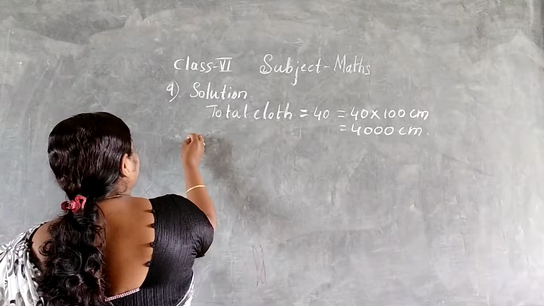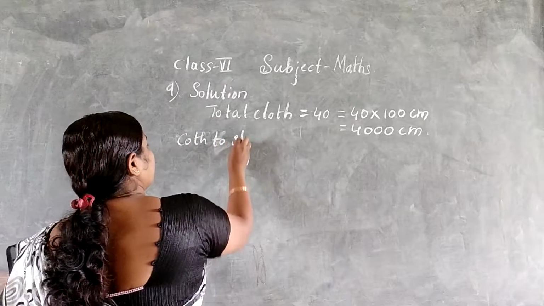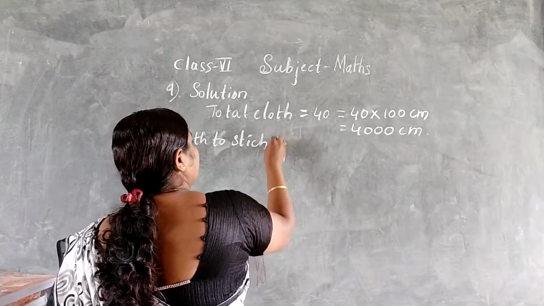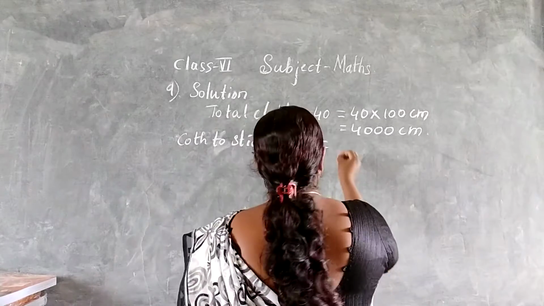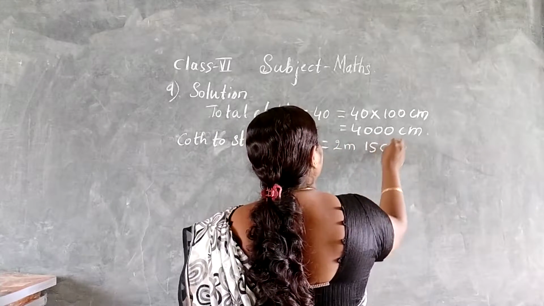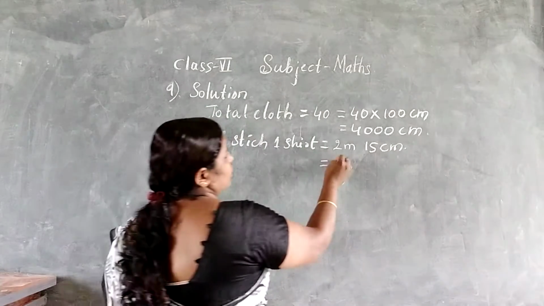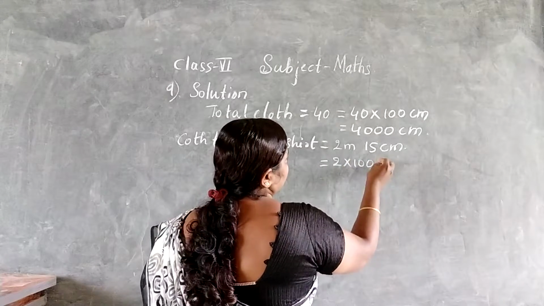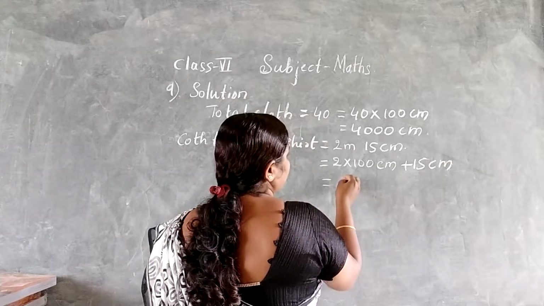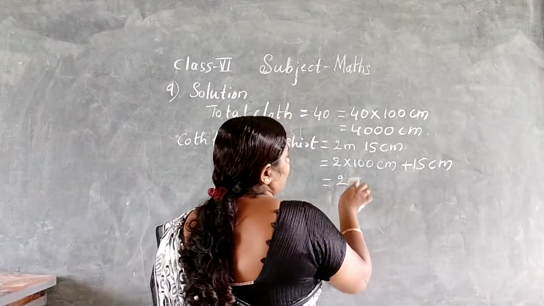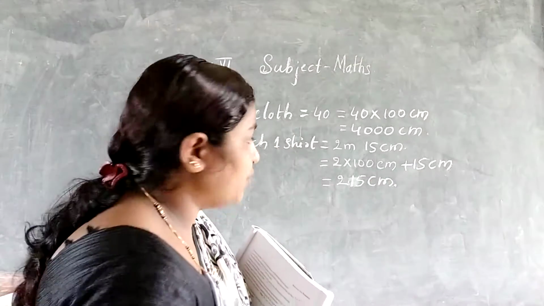Next, cloth to stitch one shirt is equal to 2 meter 15 centimeter. This also should be converted to centimeter. 2 into 100 centimeter plus 15 centimeter, that is 215 centimeter.